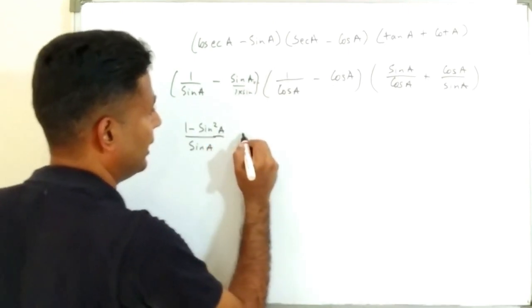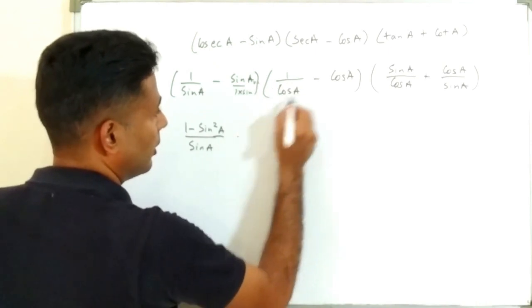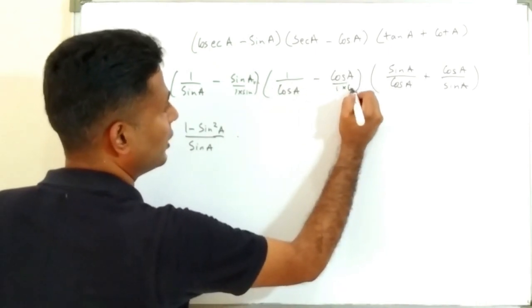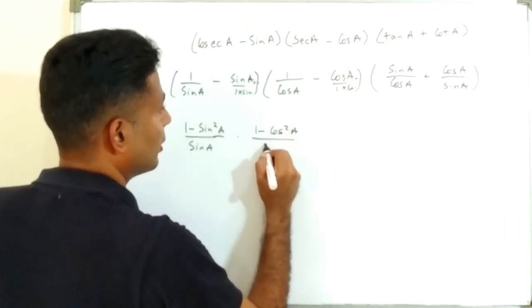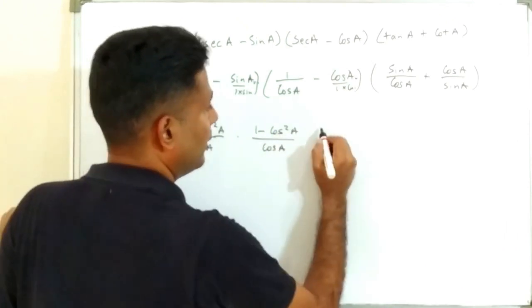Into, again here, 1 by cos A minus cos A gives 1 minus cos square A by cos A, right?